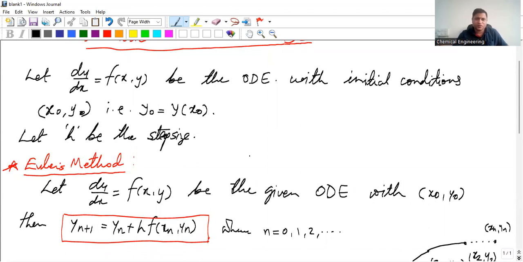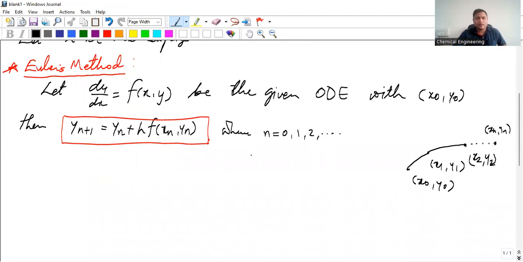Let us try to solve one problem based on this Euler method. So we go with the example.